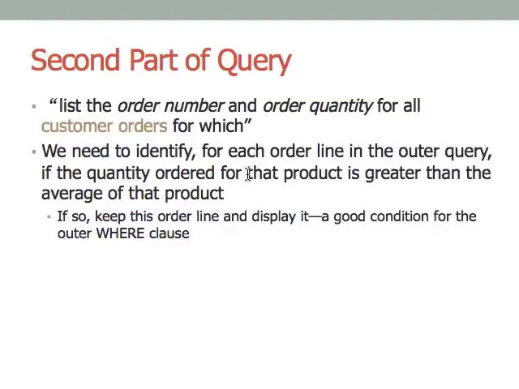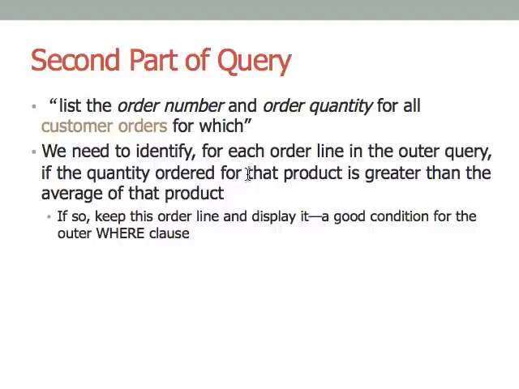So we want order number, order quantity for all customer orders for which, that's where we need a condition. So this is a where level filter because we want to look at orders in my order details table, each order line, because we are doing by product, we are not doing by order.